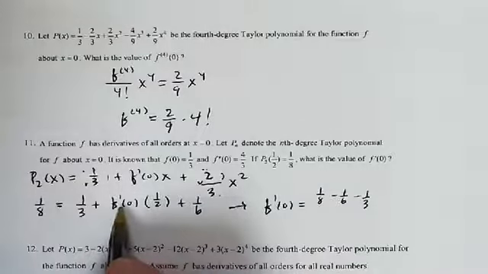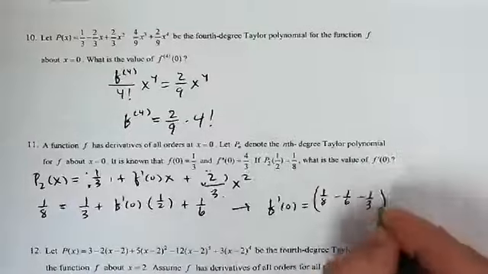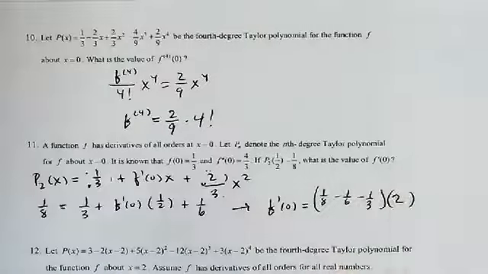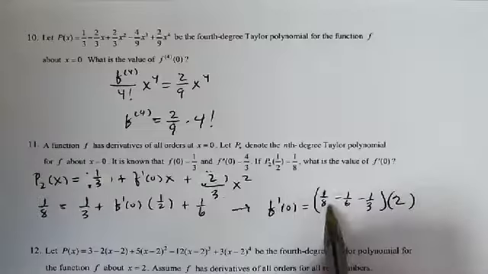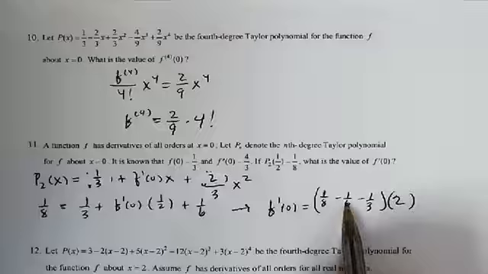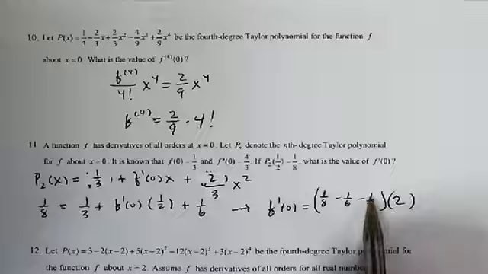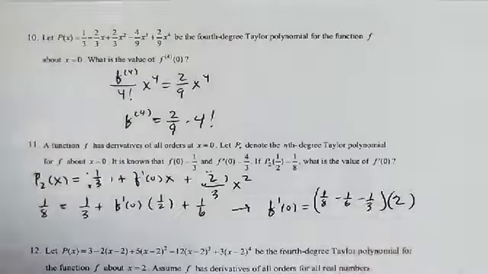And then to solve for f prime of 0, I'm going to have to multiply everything by 2. Otherwise I'd be looking for a common denominator of 24, and I'd have 3 minus 4 is negative 1, minus 8 is negative 9. I think I have negative 9 over 12. Yeah, but that's where I'm going to stop.